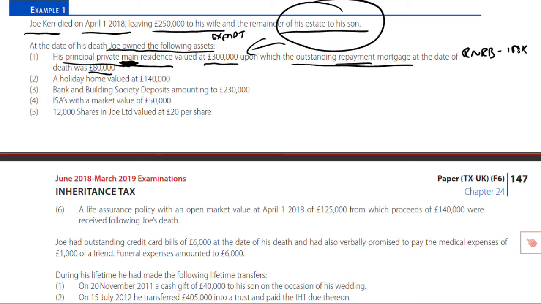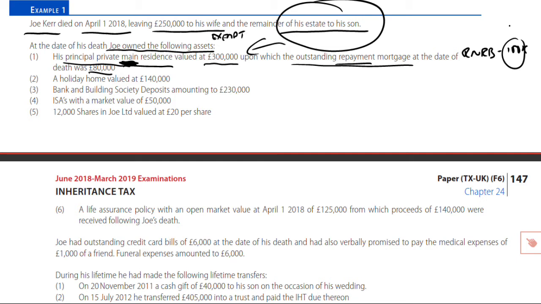£100,000. Now, of course, if we had dealt with someone who had a previous spouse who had not used, in the case of Joe, then her nil rate bands, then a residence nil rate band here may be doubled up from 100 to 200 if there was an unused residence nil rate band, which there would have been if a former spouse had died without using her residence nil rate band.